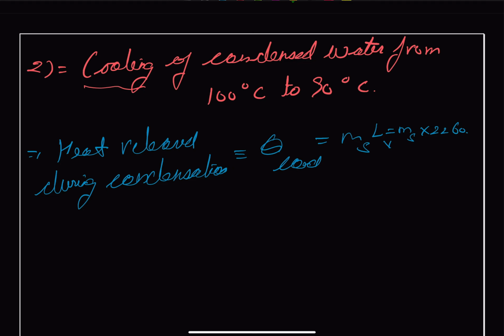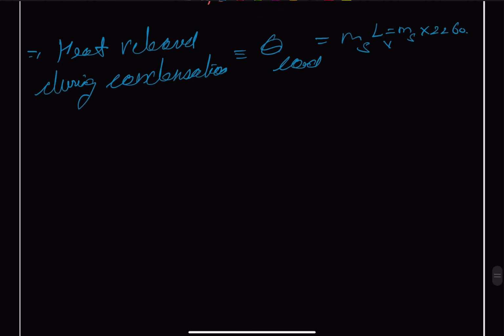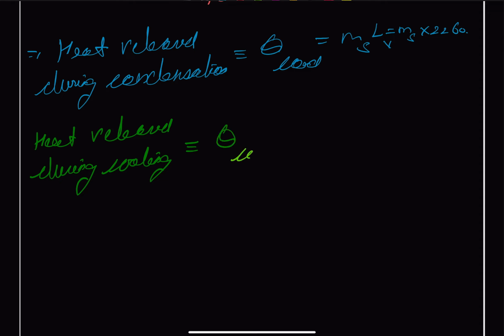And second, we are going to find out the heat released during cooling. That is Q cool, which will be equal to mass of steam, specific heat of water, change in temperature 100 minus 90.